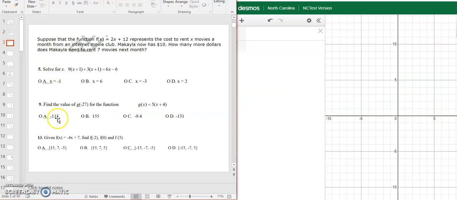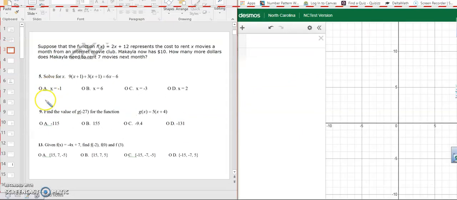All right, let's look at number 9 that's sitting on this paper. Now, we had one like this on our practice. And remember, we had talked about at the beginning when we have g of x and we replace that x with a number. Okay, so in our equation, we're just going to replace that x with the number.